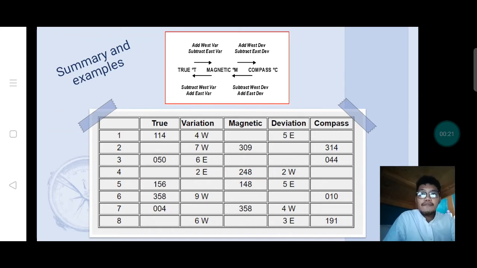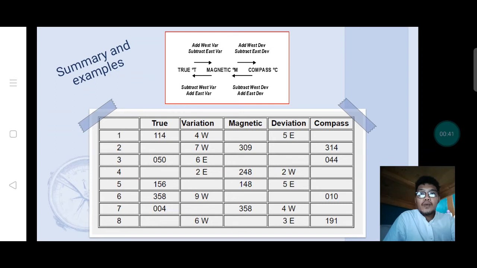Next, when the deviation is west, we add, and when the deviation is east, we subtract. So in the variation, when the direction is west, we always add it, whether it is variation or deviation.